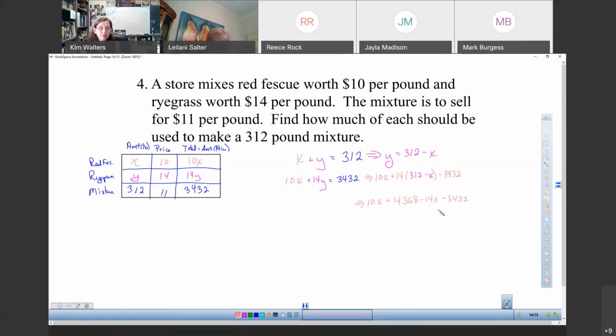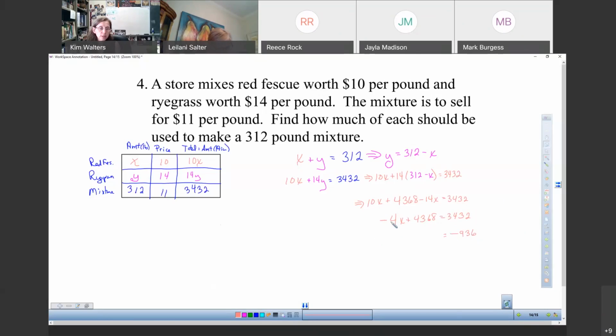All right, simplifying again. So this is going to give me negative 4x plus 4,368 equals 3,432. Now here's where we have to be careful. I'm going to subtract 4,368 from both sides, which is going to give me negative 936.